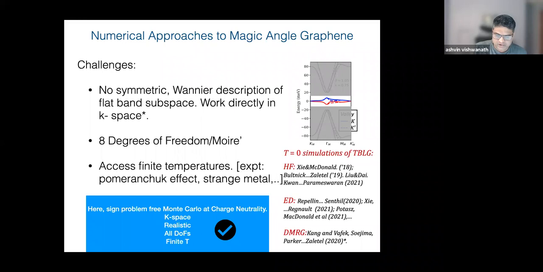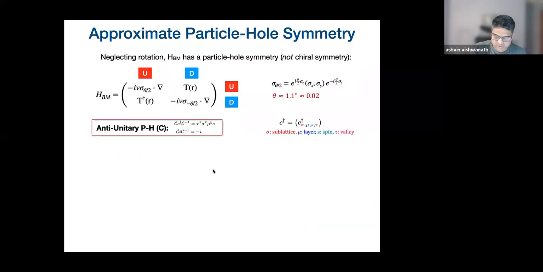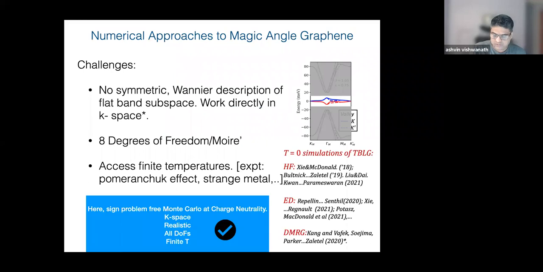What we managed to show is that indeed, with some small approximation, the simulation of twisted bilayer graphene at the magic angle can be done in a sign problem-free way, as long as you stick to the charge neutral point. Then you can get all of these things. You can do something that's realistic. You can keep all the degrees of freedom. You can do finite temperature, and you can do it directly in K-space.